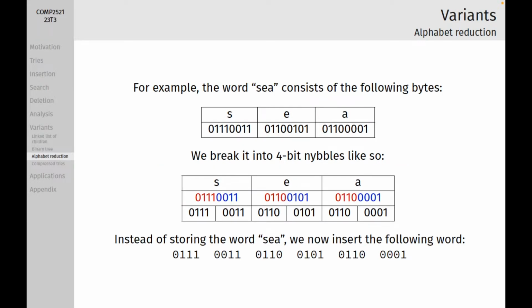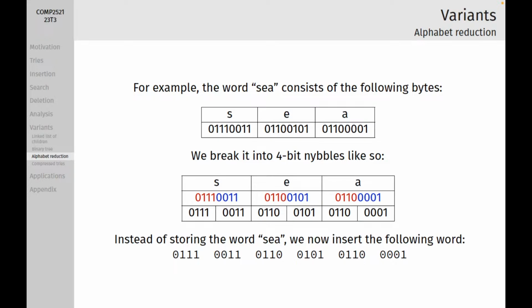Here is an example of alphabet reduction. Suppose we want to insert the word C, like S-E-A. What we'll do is break it into 4-bit nibbles. The ASCII representation of S is 0110011.